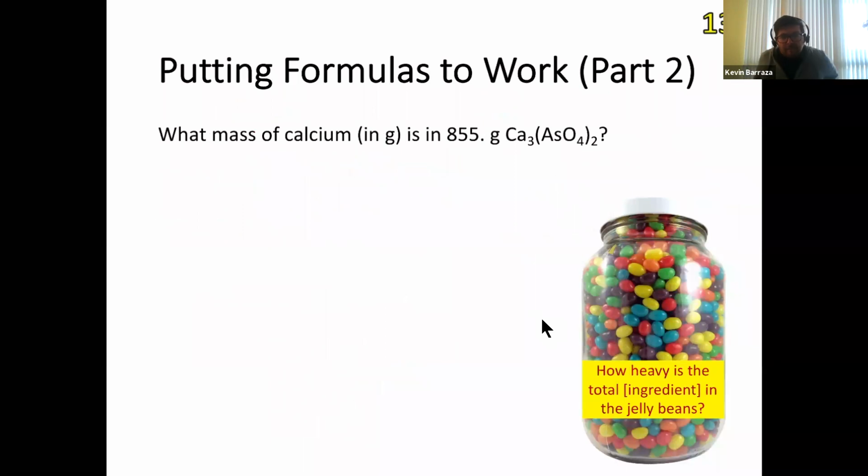Now, a final type of question that involves molar mass would be, what is the mass of calcium in grams that is in 855 grams of this substance, Ca3(AsO4)2. Now, this one is a little bit different because it's not so obvious that this is a how heavy to how many, but take a moment to read the question to yourself.